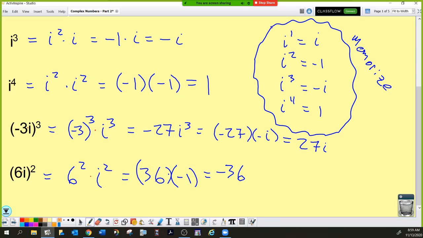See it? Those are the only values they can have. Of course, you have to know which ones are negative. So it actually goes like this: i to the first, second, third, fourth, fifth, sixth, seventh, eighth, 9th, 10th, 11th, 12th, 13th, 14th, 15th, 16th, and so on and so forth. And it just keeps cycling through the pattern.